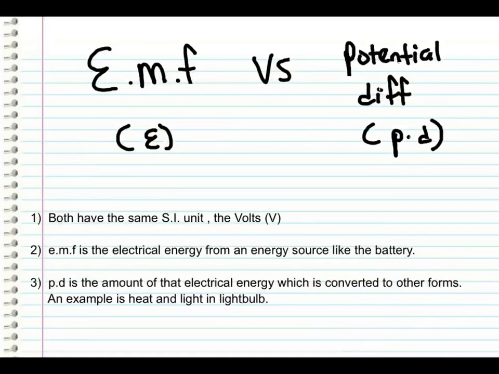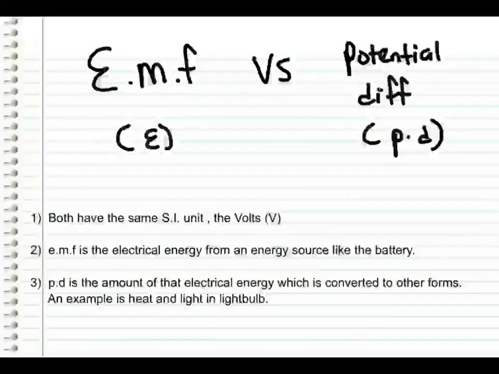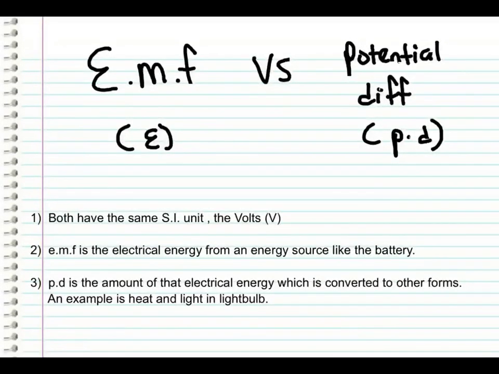However, EMF is the electrical energy from an energy source like the battery. Potential difference is the amount of that electrical energy which is converted to other forms. One example that we have been using is the light bulb, which converts the electrical energy to heat and light.